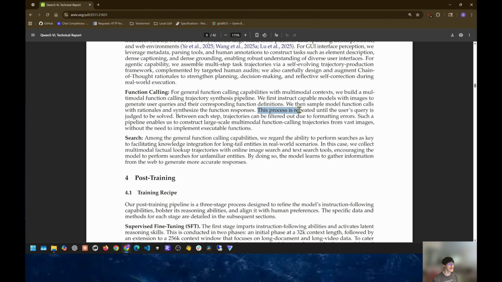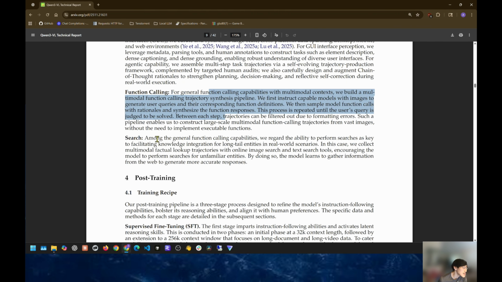This process is repeated until the user's query is judged to be solved. Between each step, trajectories can be filtered out due to formatting errors. Such a pipeline enables us to construct large-scale multimodal function calling trajectories from vast images without the need to implement executable functions. Okay, this is normal tool calling.